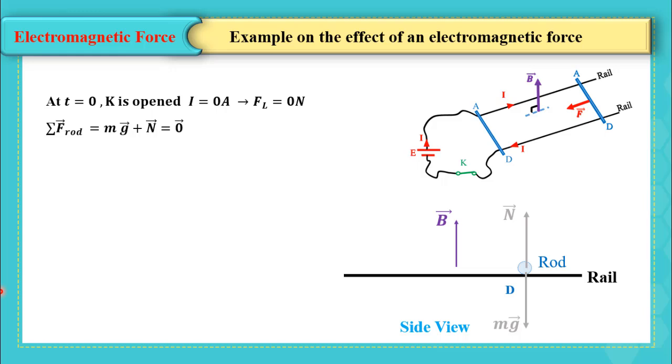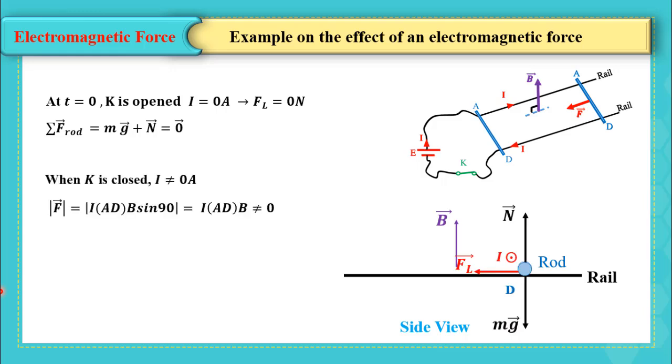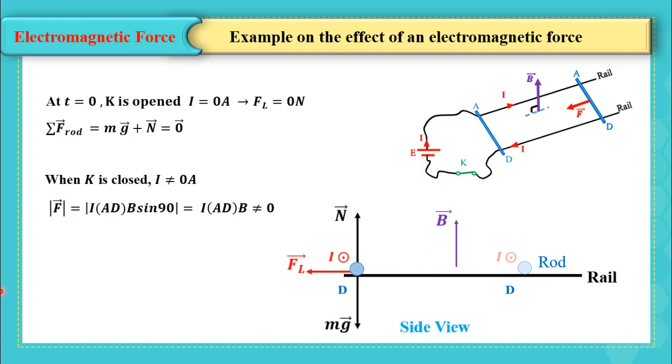When the switch is closed, current traverses the circuit. With the existence of the magnetic field, a Laplace force exists in the circuit, and the rod then moves under the effect of this force with a direction that can be predicted using the right-hand rule.